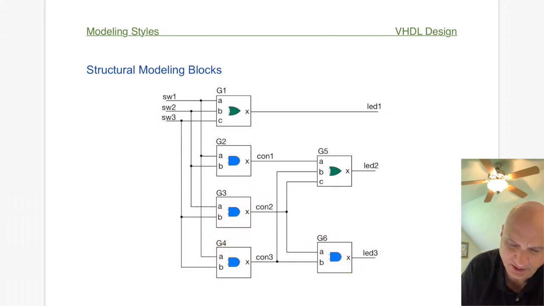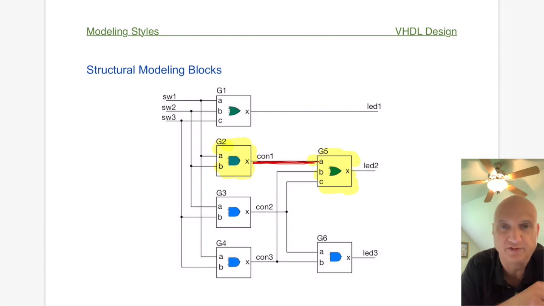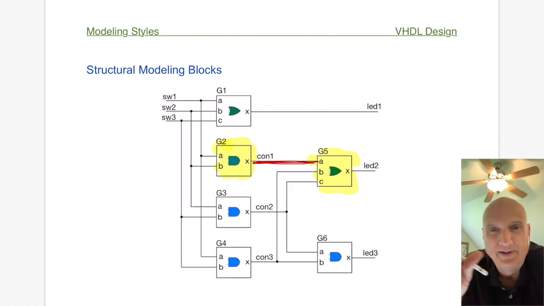And you'll notice here that we have component G2 gets connected to component G5, and it gets connected via this wire, or that interconnection. Now, how do we specify that in writing? How do we say that we're going to connect G2 to G5?